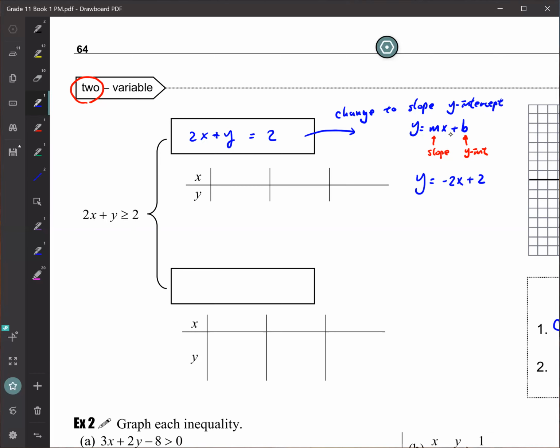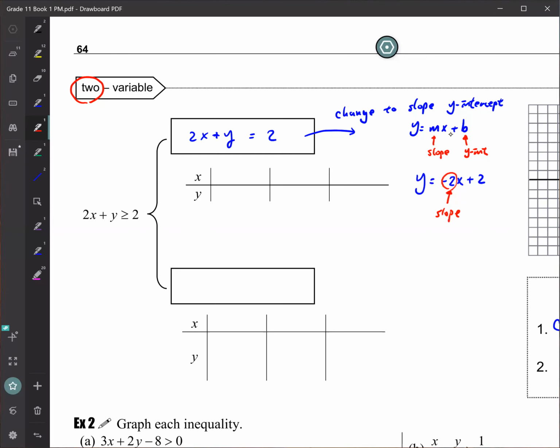So what is our slope now? Harry? What's the slope? Negative 2x. Only the negative 2. Slope is a number. And what's the y-intercept? Yeah, 2.